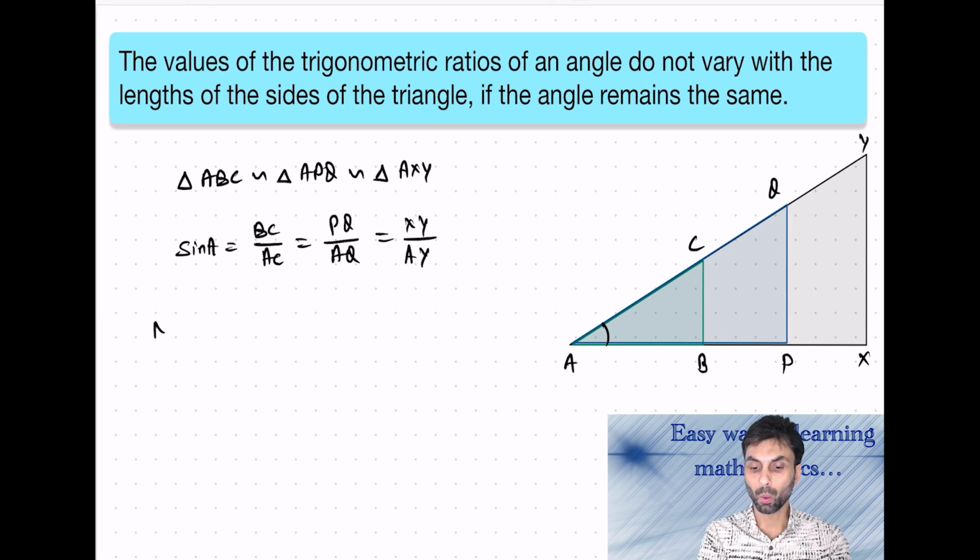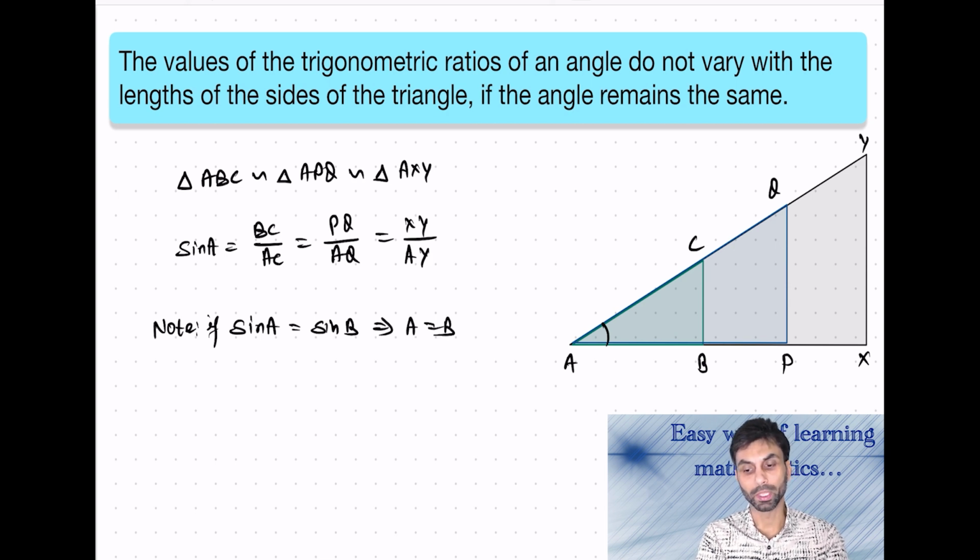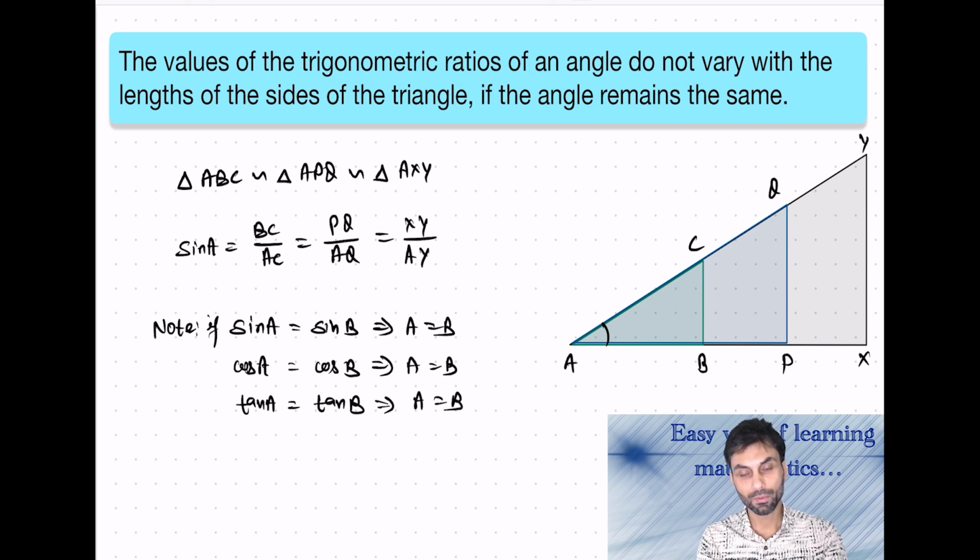That means what we can understand from here is that if I have sine of angle A equals sine of angle B, I can write it as A equals B. If I have cos of angle A equals cos of angle B, we can write it as A equals B. If we have tan of angle A equals tan of angle B, we can write A equals B. And further we can continue the same for sec, cosec and cot.